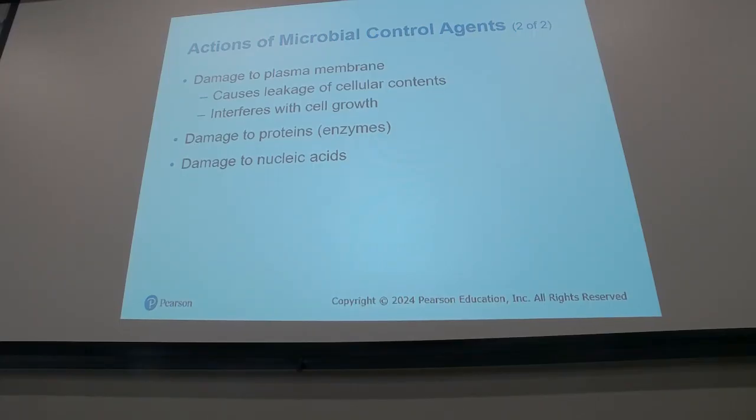Plus, let's say that death signal didn't happen. If you have a big gap in the plasma membrane, more content goes out than in. So you have dehydration of the bacteria or the microorganism.